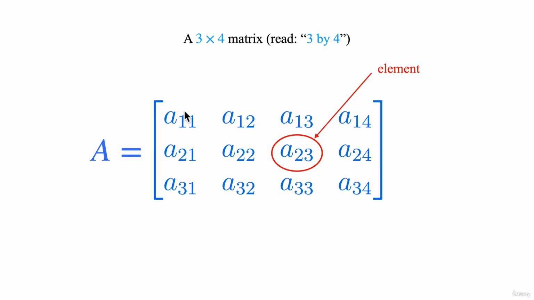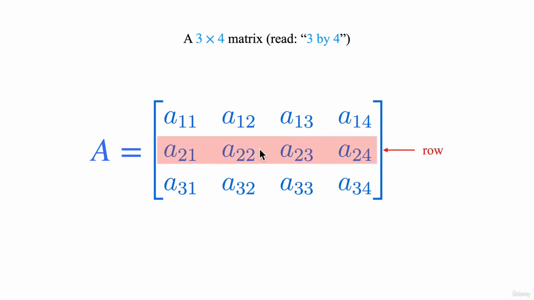So you see that this first element is indexed by 2 1. The first index tells you that this element is standing in the first row, because those are called rows of the matrix. And this second number tells you that this element is standing in the first column, because those are called the columns.